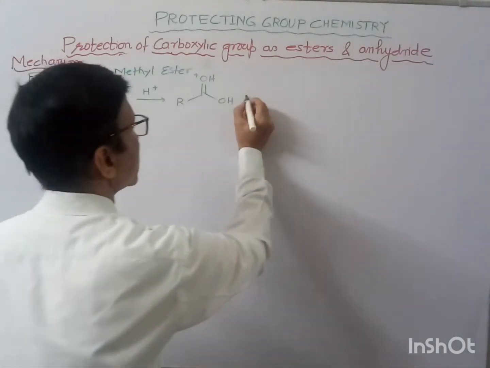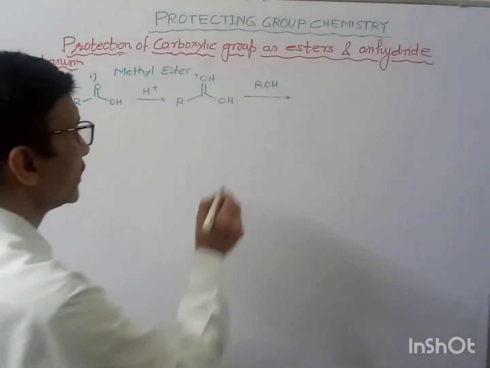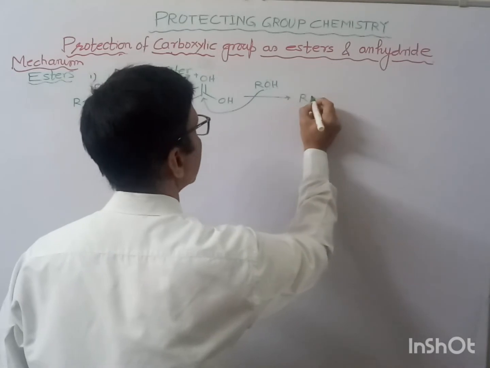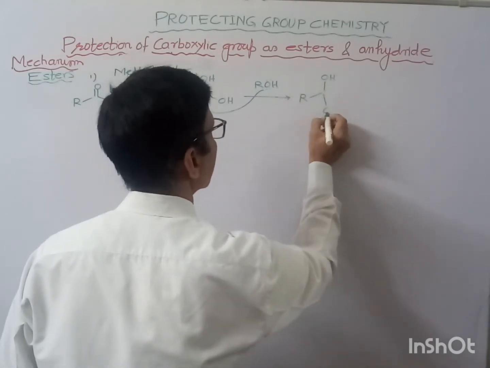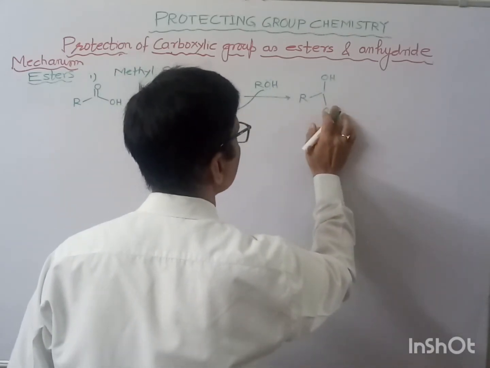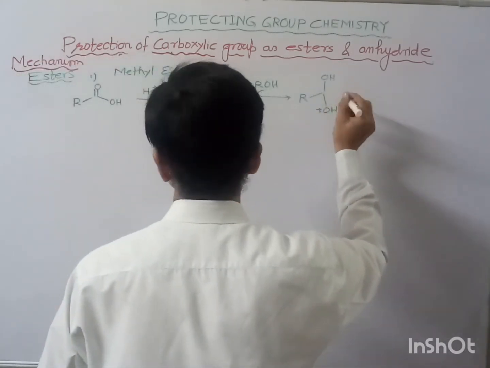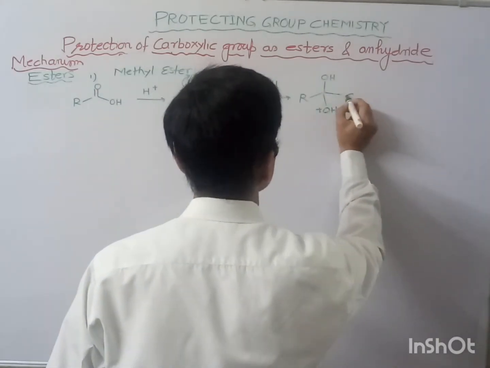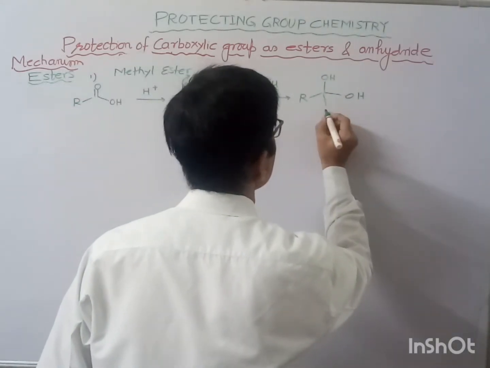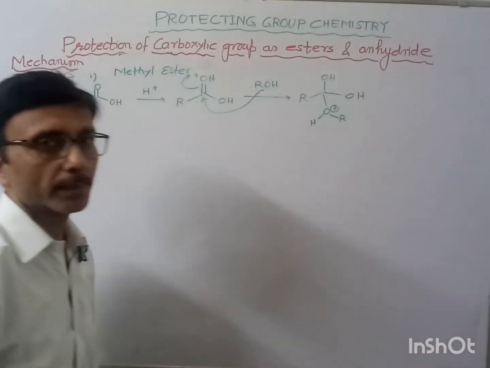In the next step, we have this alcohol as a nucleophile, so this will attack the electrophilic center, the positive charge is neutralized, and what we will get is OH over here, OH2 with a positive charge present over here.